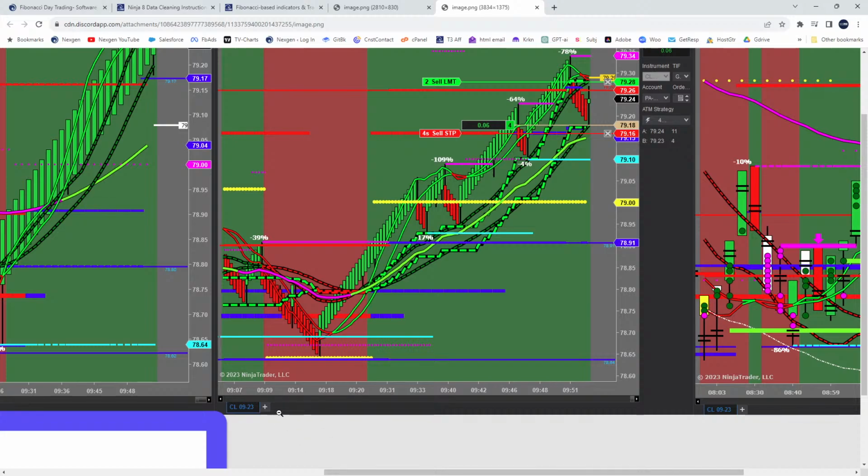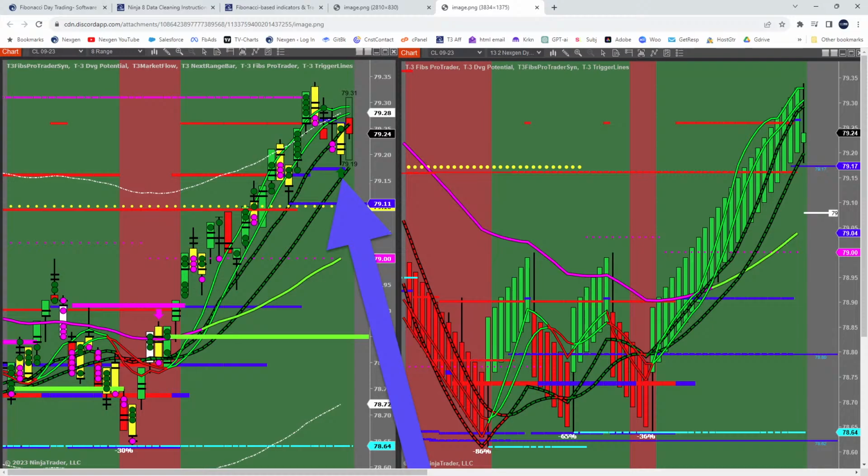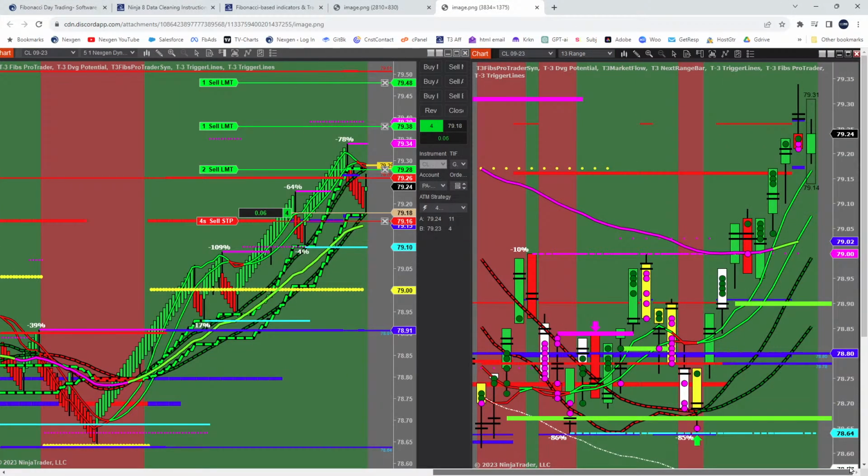Okay, so here's one more that somebody's doing. P. So the market was going up, and he bought the market on the way down, wherever he bought it. And he said because there was a market flow signal, he's only risking three or four ticks. So he's got virtually no risk to be in a long position.